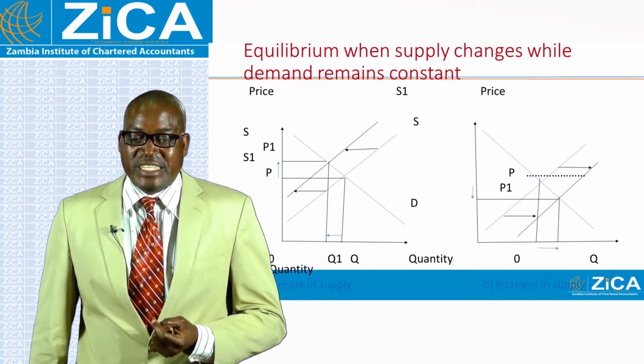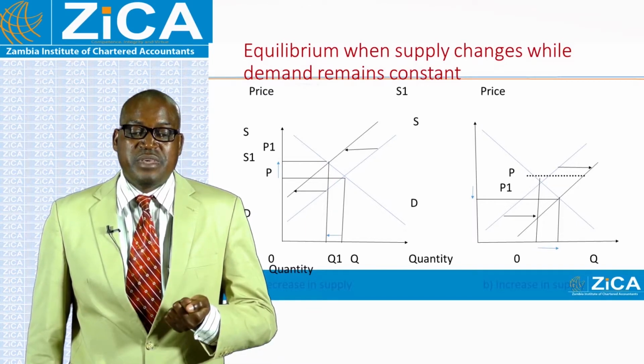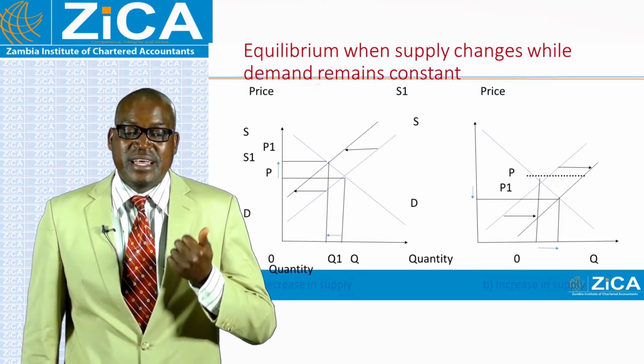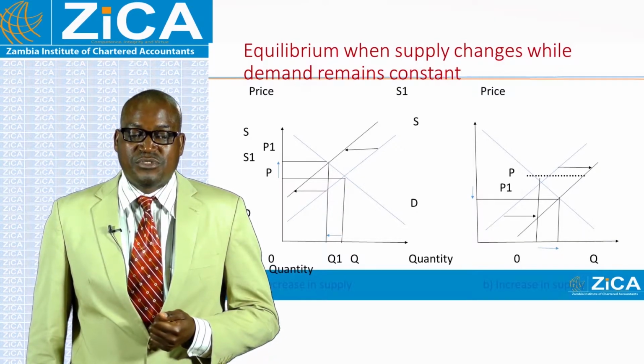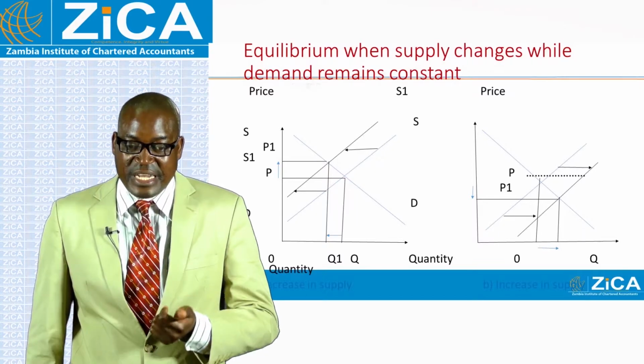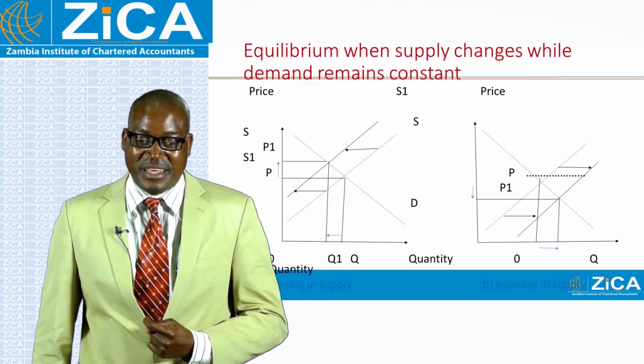When there's a leftward shift in the supply curve, the effect will be the opposite, where the price would have gone down and the quantity would have gone down, but the price would have gone up, which was quite something else.